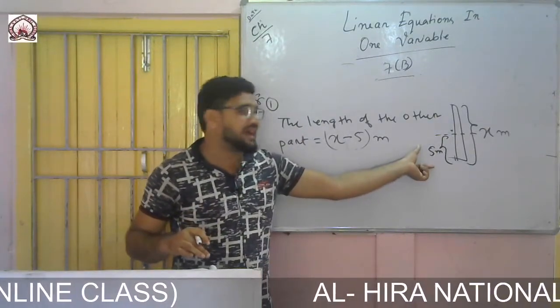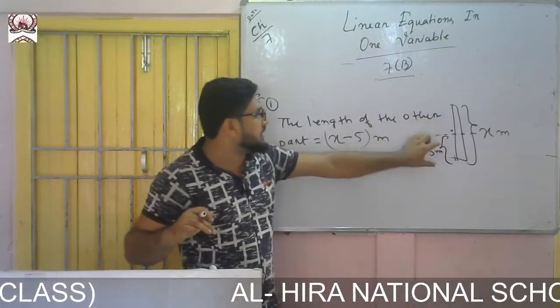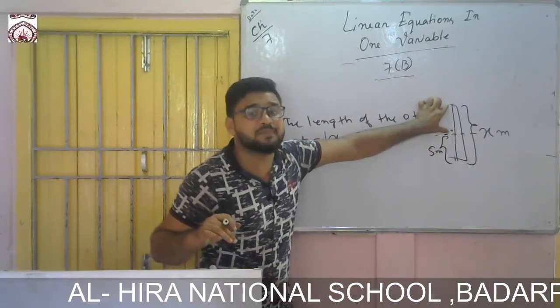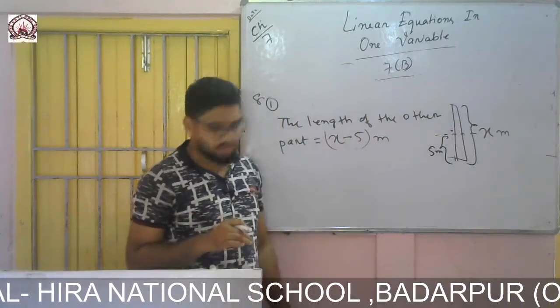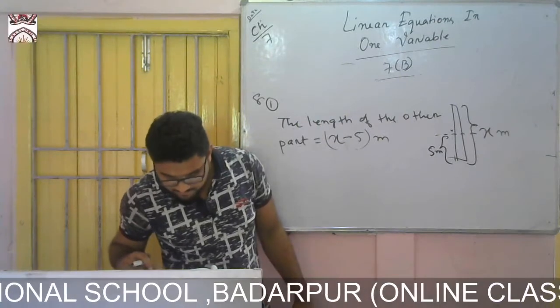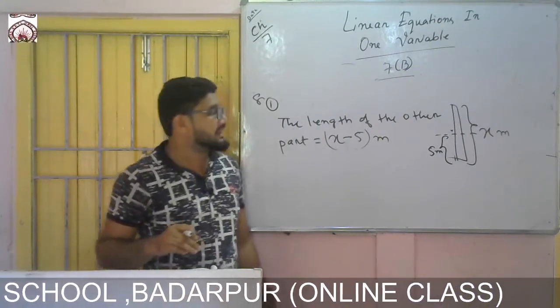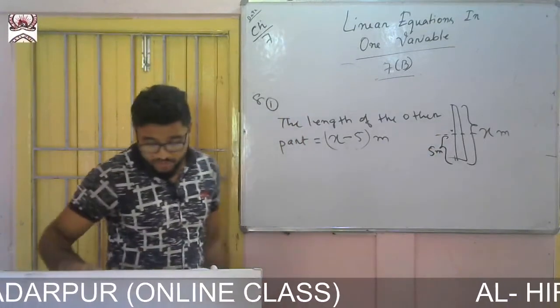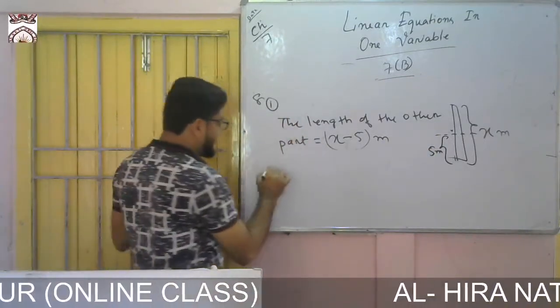Now it says that the other part, whatever remains, measures 6 meters. Now write an equation to find the answer. So obviously it will be like this. Number 2.